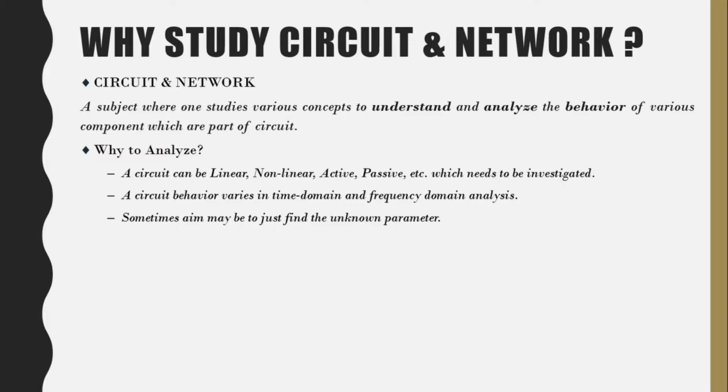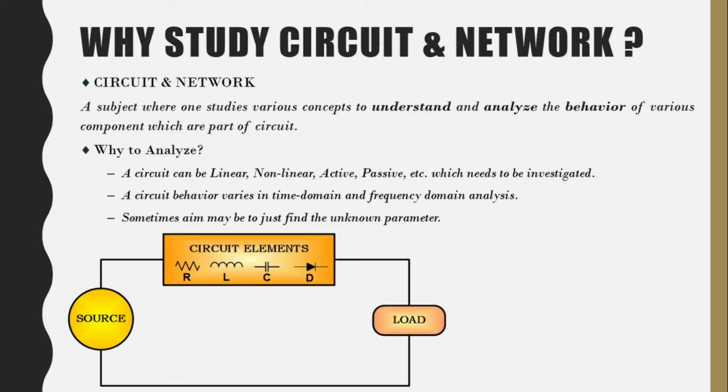Over here you can see a figure which consists of three main components, that is a source, a load and circuit elements. Always remember that circuit elements are neither always connected in series nor they are connected always in parallel. They can be in any fashion. Only thing you should know is that they become an important part of this circuit.